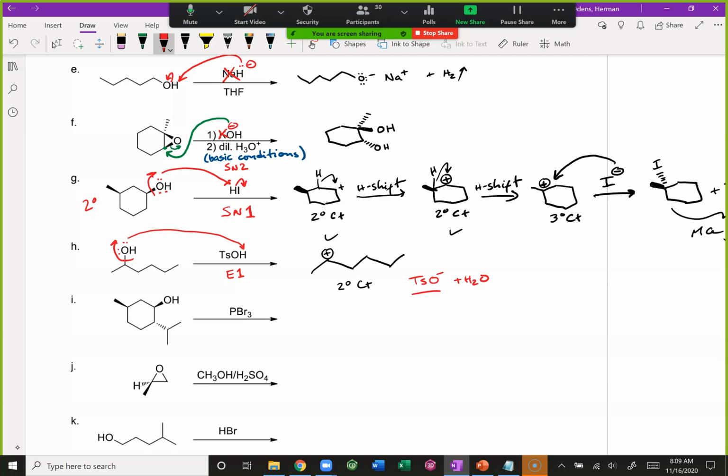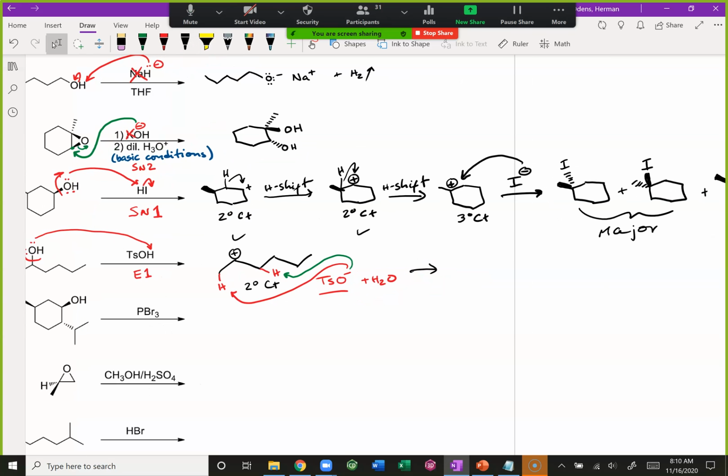So your chances for deprotonation are here, or one of these H's. If it grabs this H, or if it grabs this H, it will give you different products. How many products can you form? Let's see. If I grab the proton with the red route, I'll get this. This is my Hofmann product.